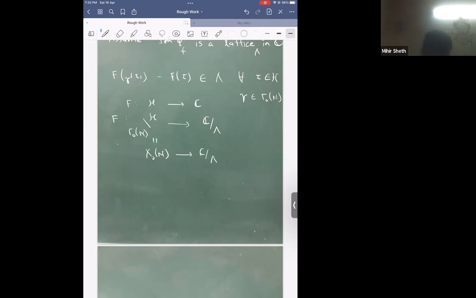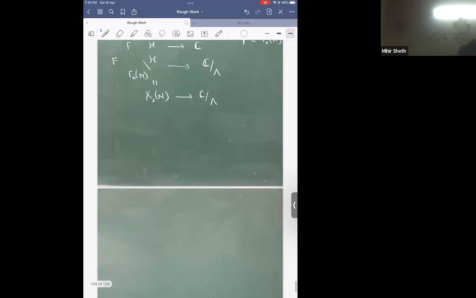So the natural question is, when is the image of phi of f a lattice? Or is it reasonable to assume that it can be a lattice? A priori we don't know anything about what the image is.